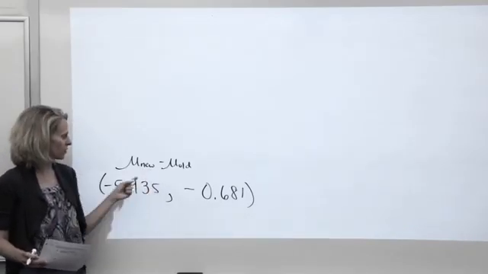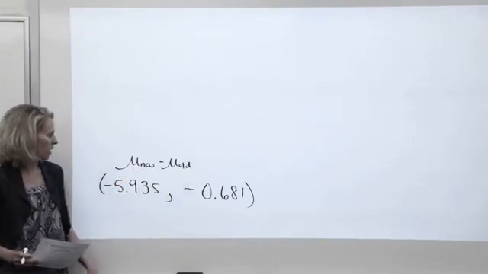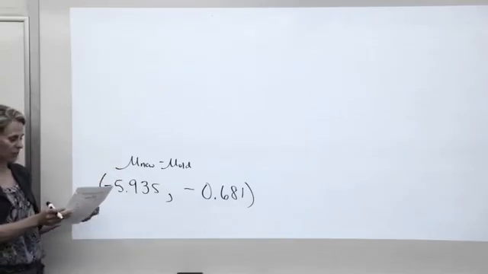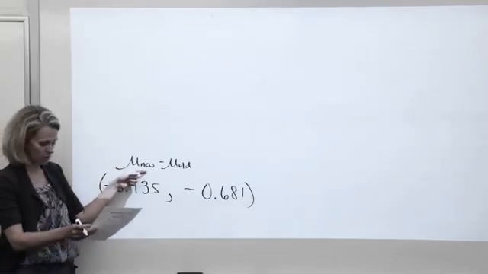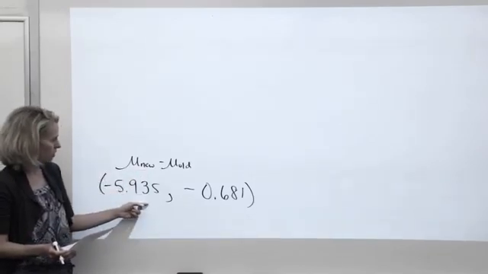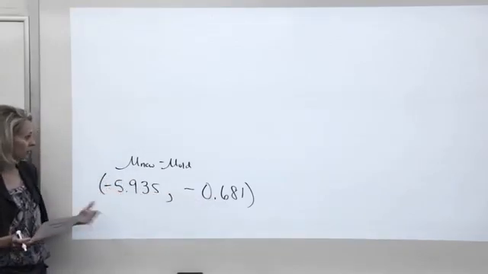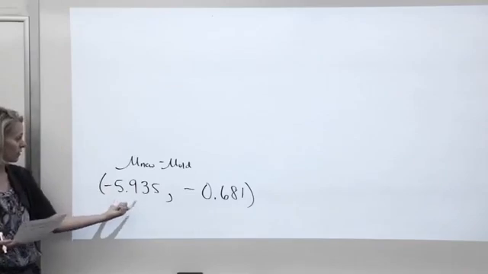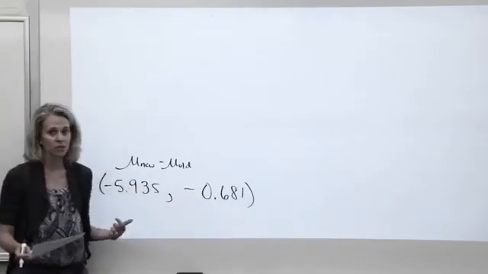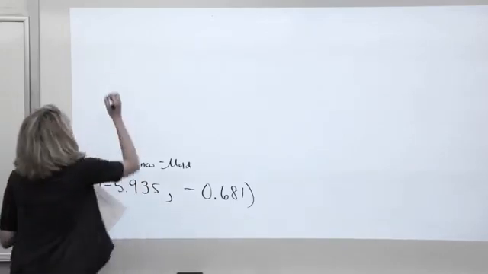You get a negative difference when this first number is smaller than this number here. So we are 99% confident that the new book's online homework, that on average those scores are going to be somewhere between 5.9 and 0.68 points harder, that their scores are going to be lower, and the difference, how much lower? Somewhere between 5.9 and 0.68 points lower on that new homework versus the old.